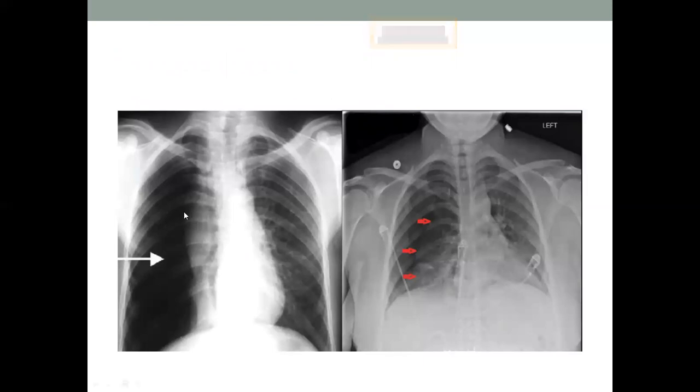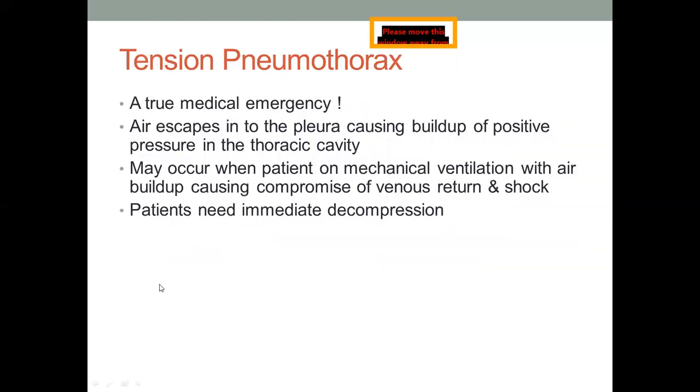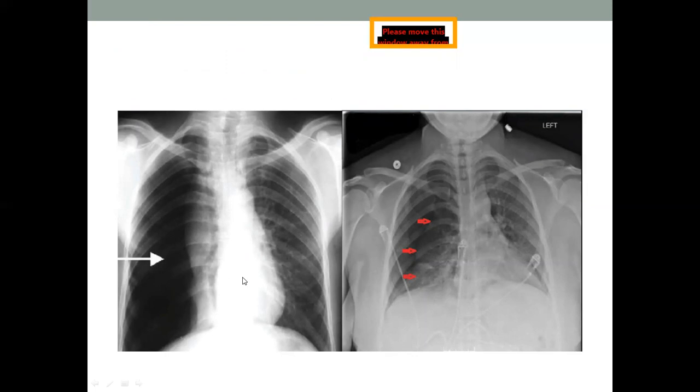These are the X-rays of pneumothorax. Here you can see the hyperlucency on the right side with the collapsed lung and absent lung markings in this hyperlucency. You will compare this side with this side.